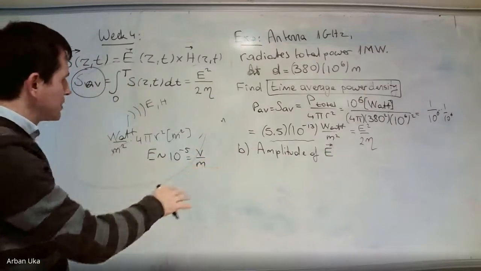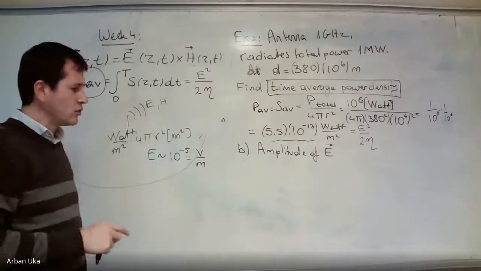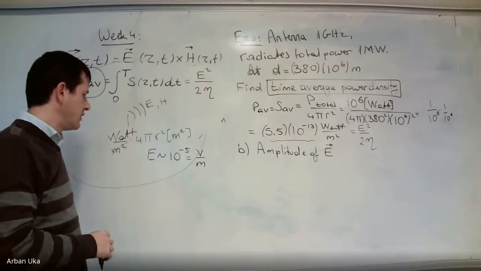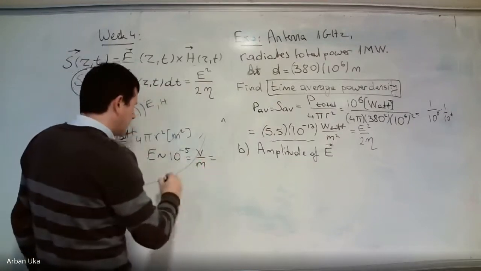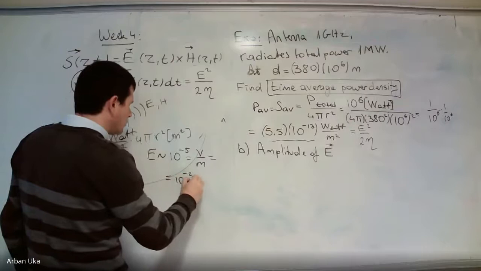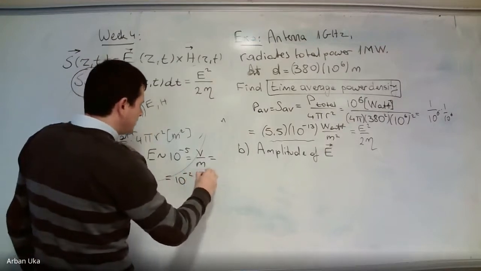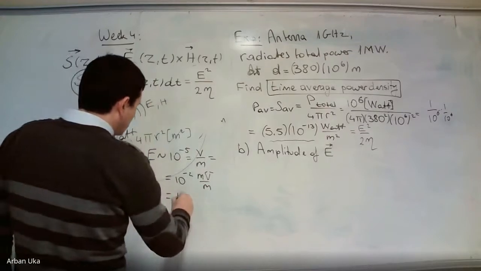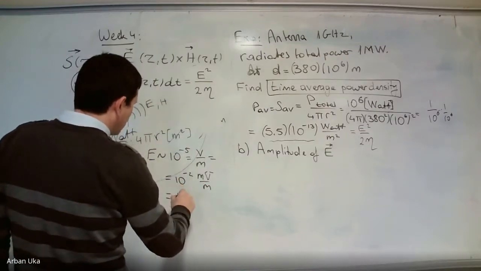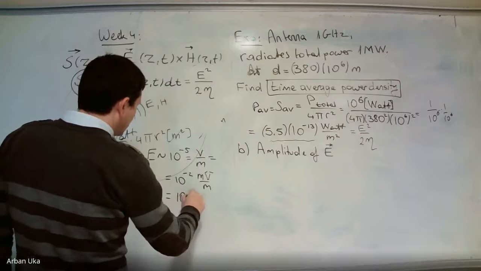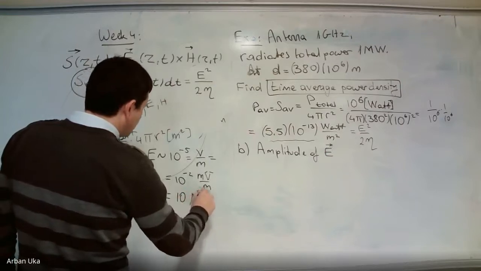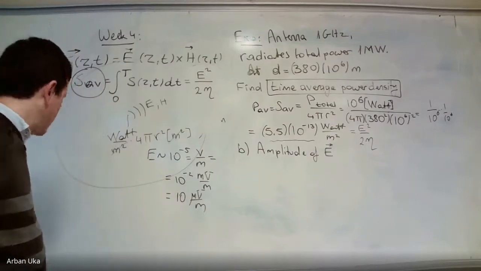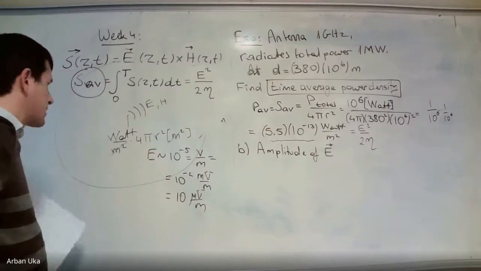We did not write the numbers, but we should always be aware of how to get an approximate order of magnitude. This would be something like 10 to the power minus 2 millivolt per meter, or times 10 to the power 3, this would be 10 microvolt per meter. So we could even measure a microvolt, which would be 10 to the power minus 6.